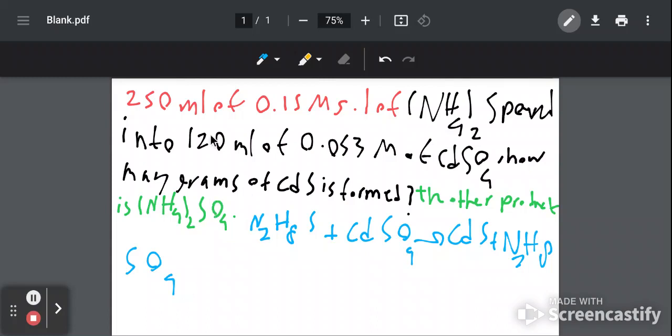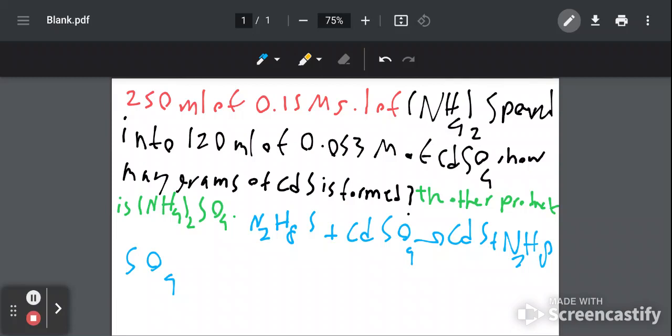So what do we do first? This is a very basic stoichiometry problem if we were given the moles of each reactant. If we were given the moles of N2H8S or cadmium sulfate, we could find which one is the limiting reagent and do simple calculations to find how many grams are formed.